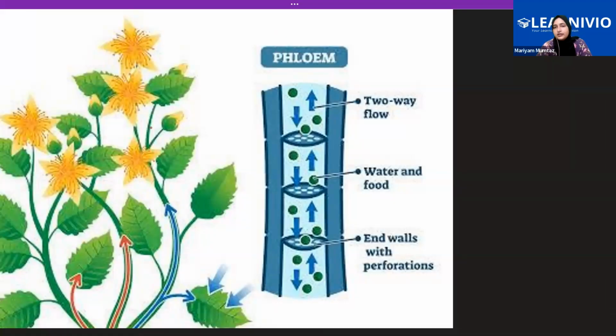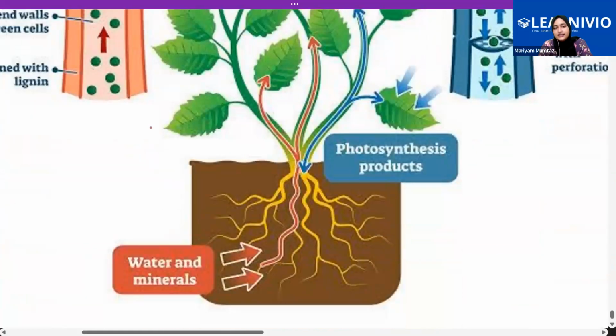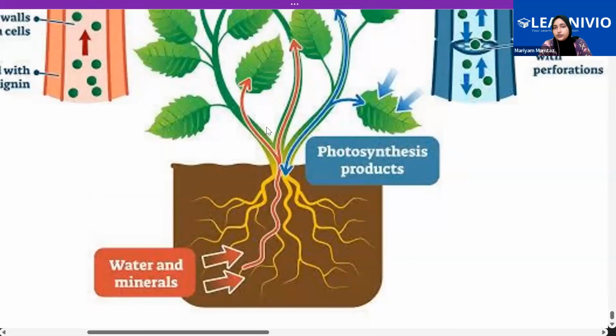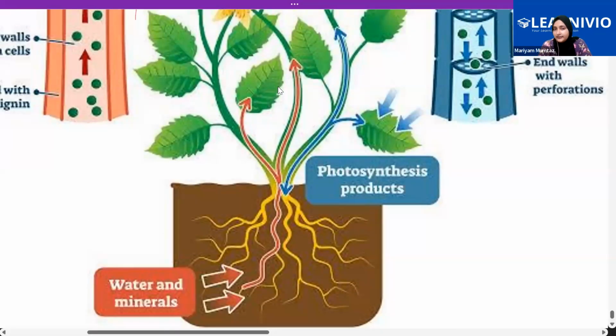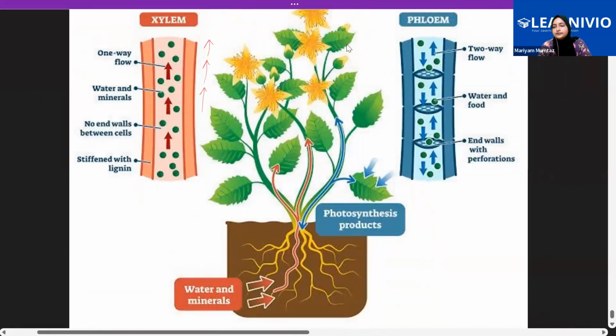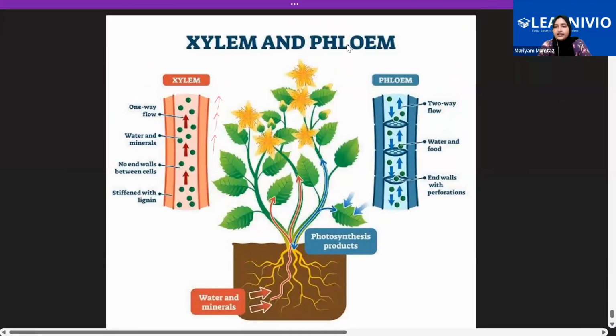Bidirectional. Top to bottom, bottom to top. Remember that. The water and minerals are always absorbed from the soil to the different parts via the xylem. Whereas the food could be sent from the leaves to the roots and then also to the different parts of the plant. So it is bidirectional. Is this clear? Any doubts, students?